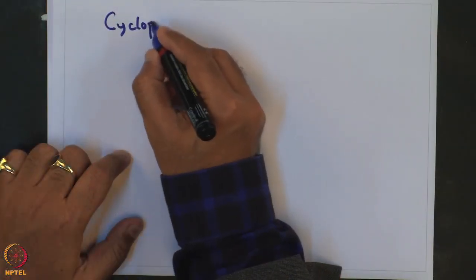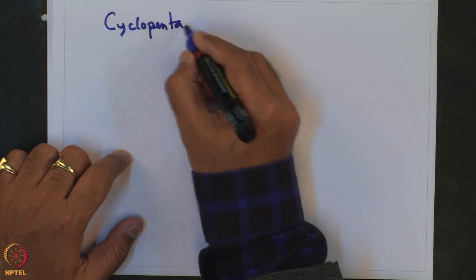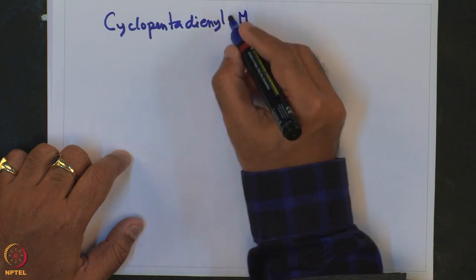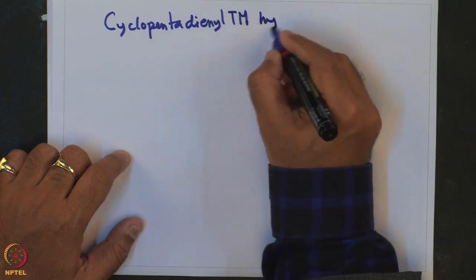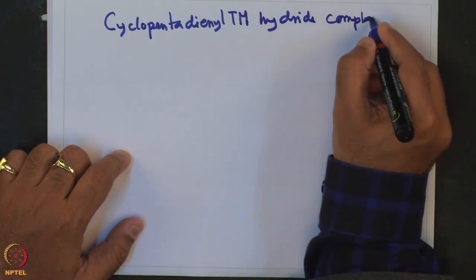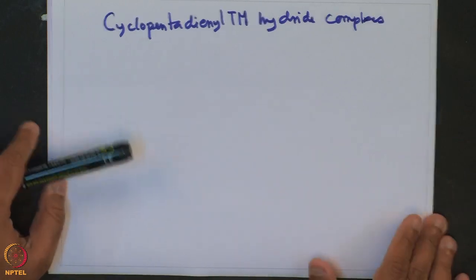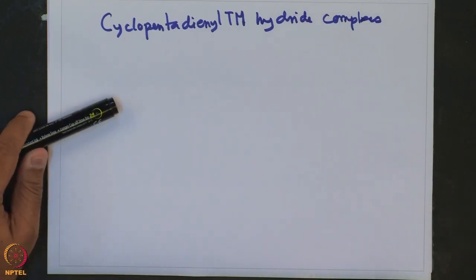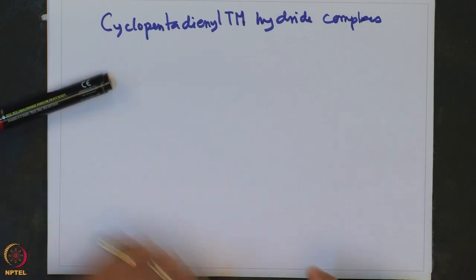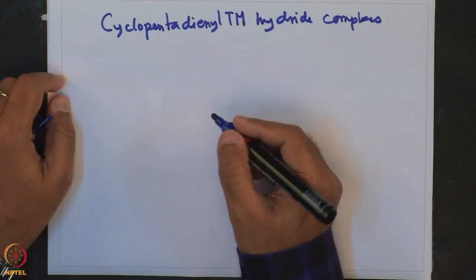So, these are important complexes: cyclopentadienyl transition metal hydride complexes. These mainly are observed for 4d and 5d metals.